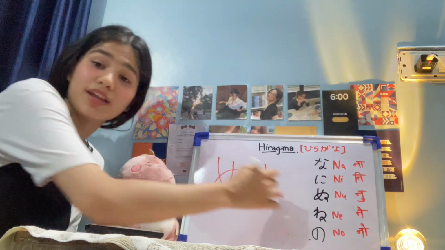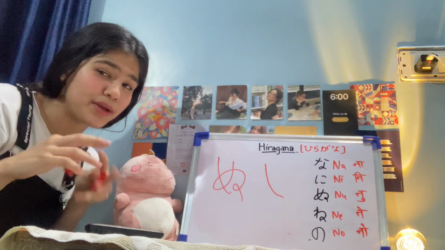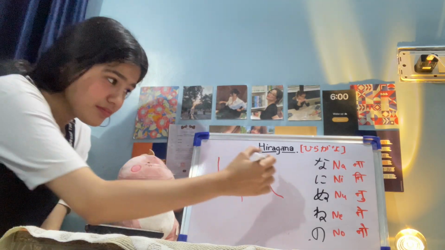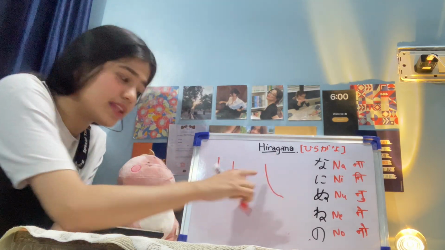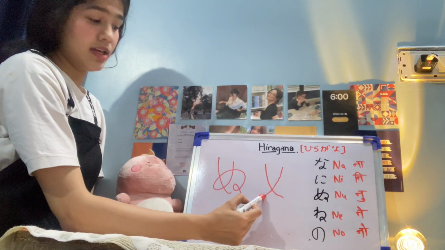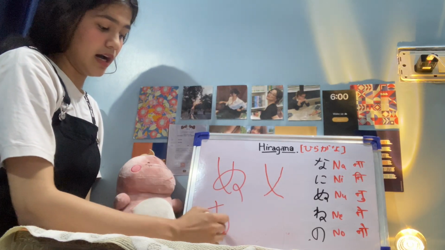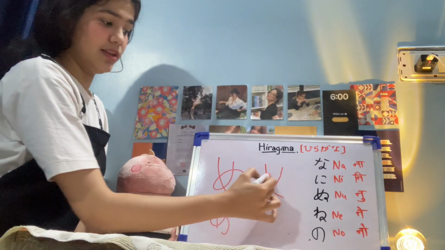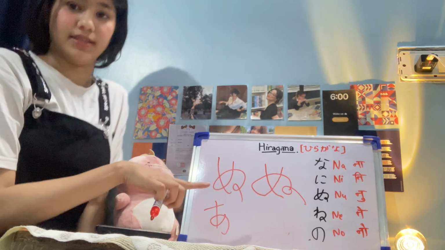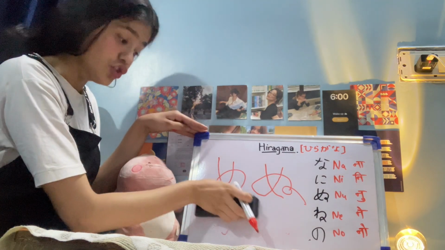So it's 1. It's a bit hard compared to the previous ones that we did. 1. We're gonna do crossing this, and just like we did in na, we're gonna do this and this. So it's like new.